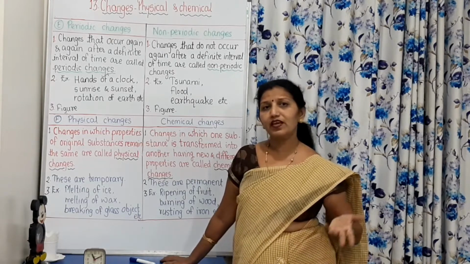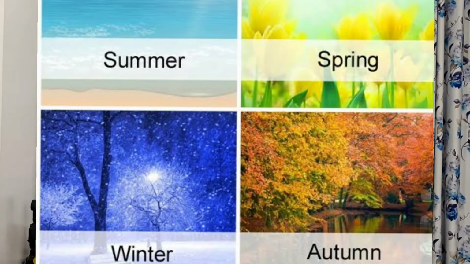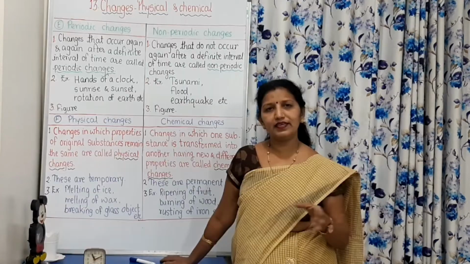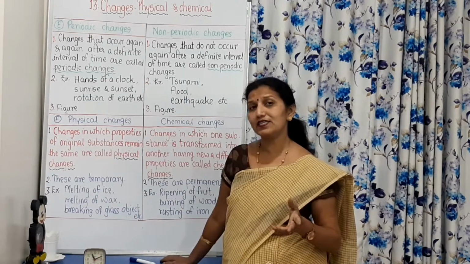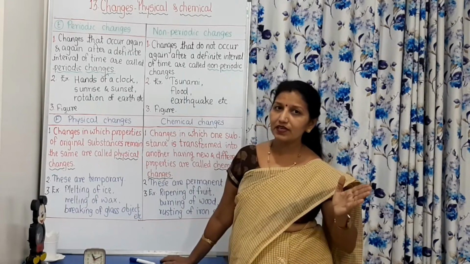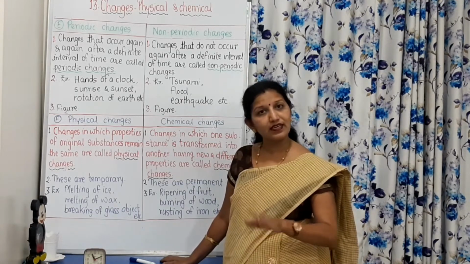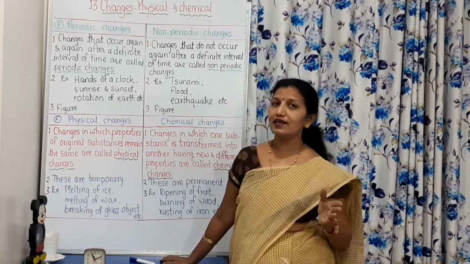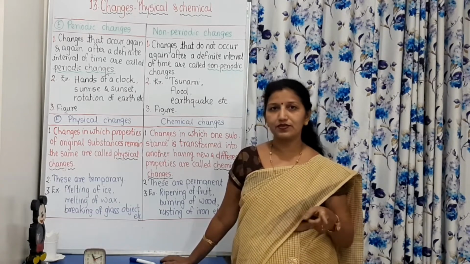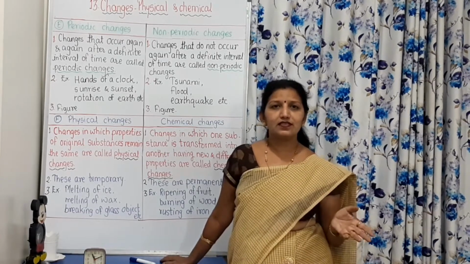Seasons occur gradually. There may be some days plus or minus, but after summer there is monsoon. After monsoon there is winter. Again there is summer. Like that, the cycle goes on continuously. The water cycle is also there.